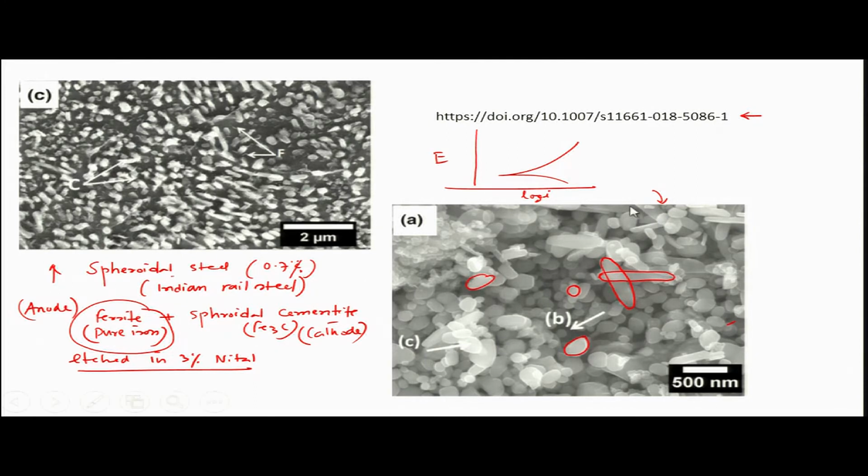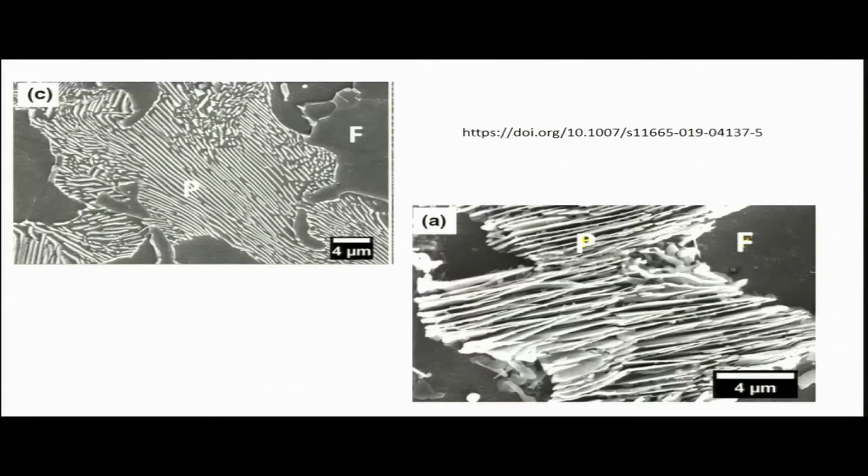Another picture, and this is the reference, if you want to see it, which is basically work we have done at IIT Kanpur. Now, this is another example where the carbon content is 0.43%. There we have ferrite as well as pearlite.